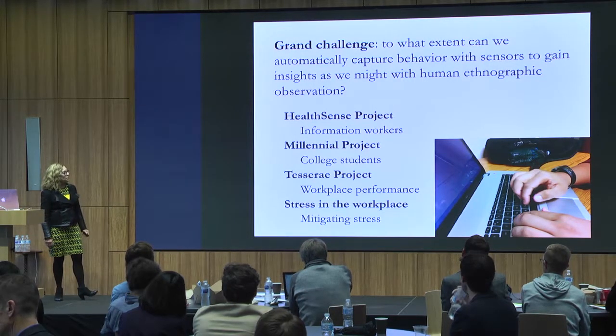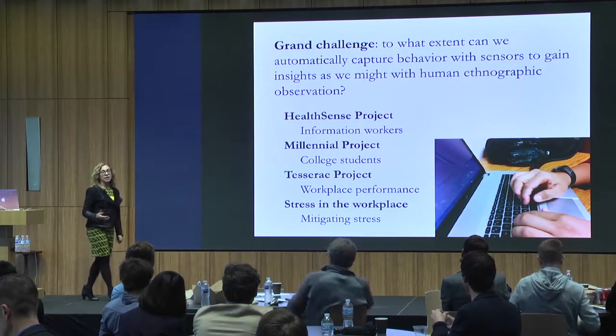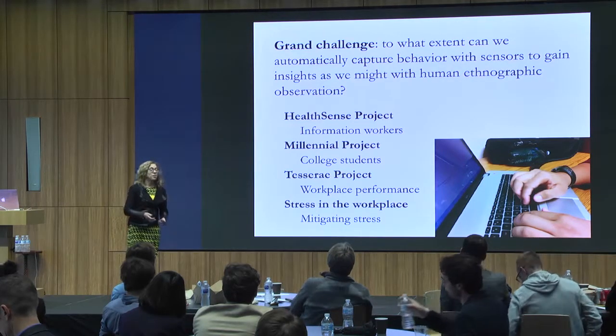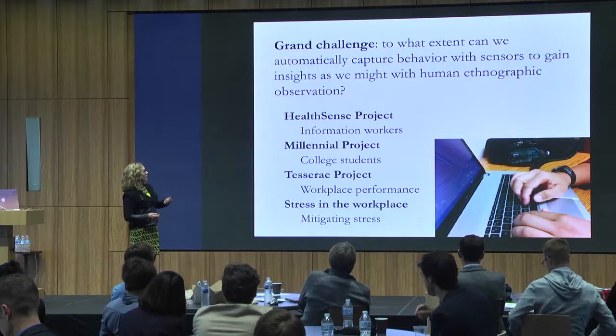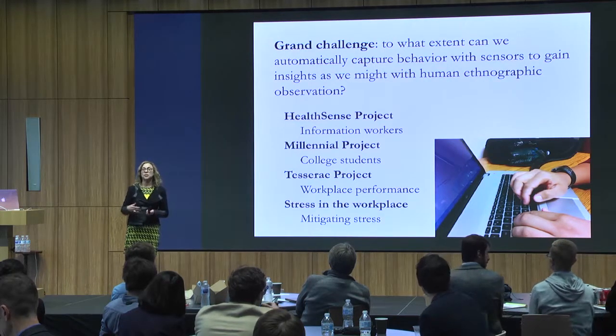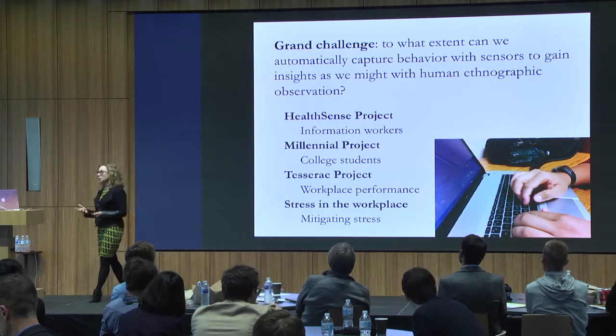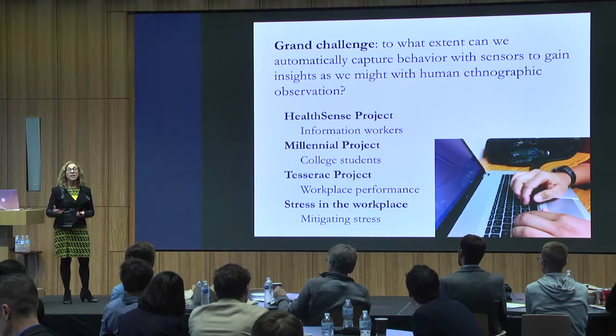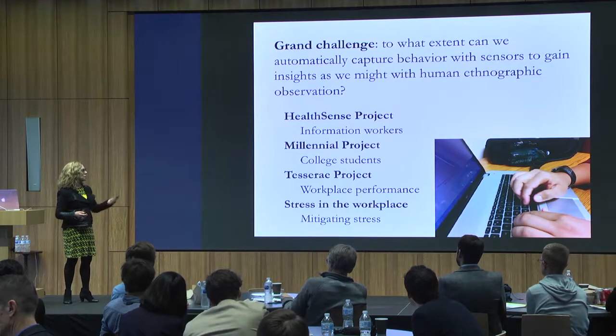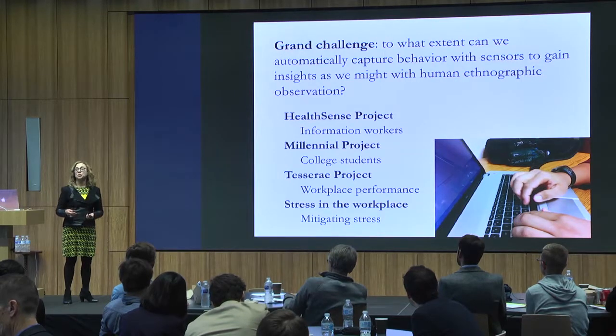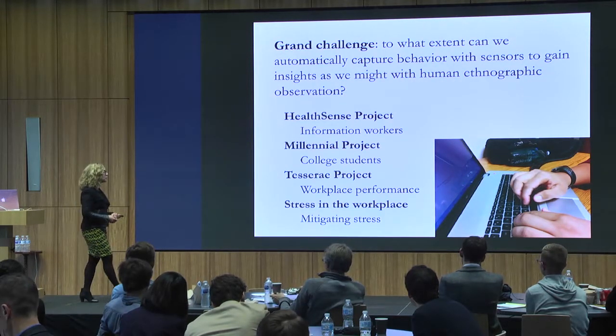And so I have different projects that I work on that try to address this problem. The HealthSense project is done with information workers in a workplace. This has been ongoing for a number of years. I've looked at college students in college life.